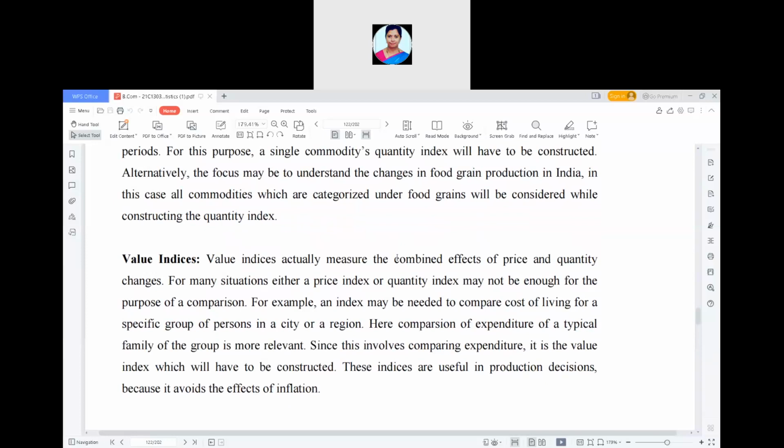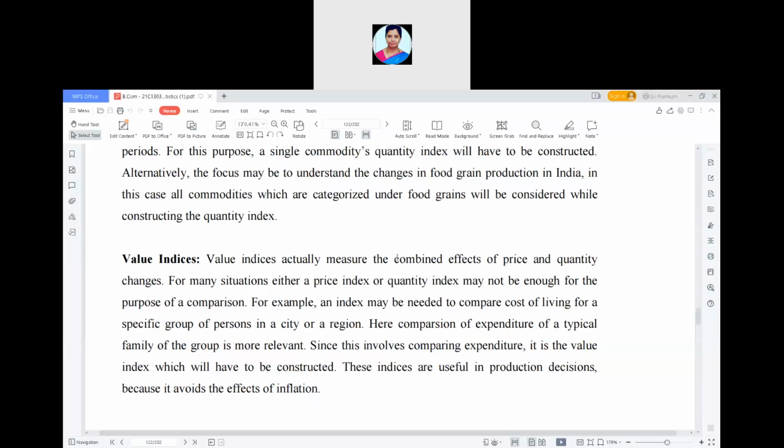So here we are doing the comparison, and expenditure is the value of the index which we have to construct. We use this where we have production decisions.